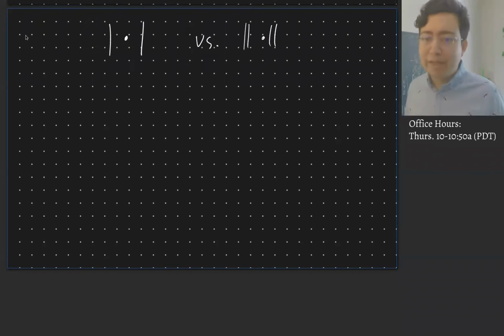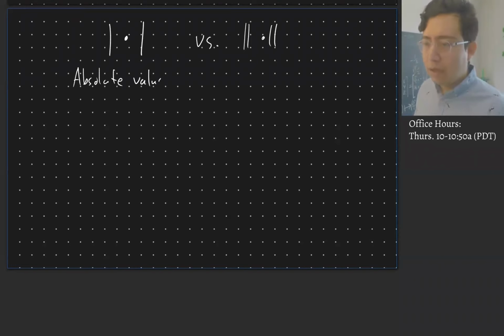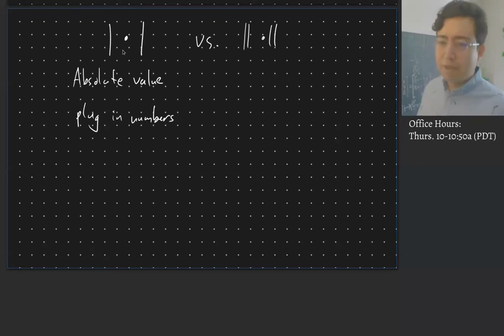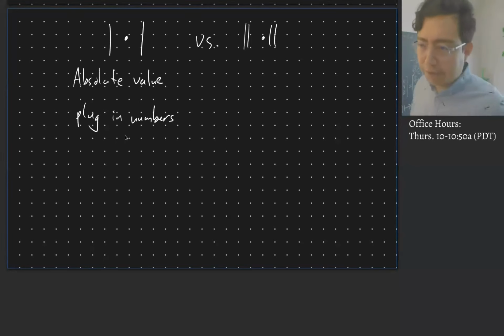This one on the left is the absolute value, and here you plug in numbers. If I plug in a number here, you just drop the negative sign if it has one, or leave it alone if it doesn't, right? Over here, this is the norm. Here you plug in vectors.